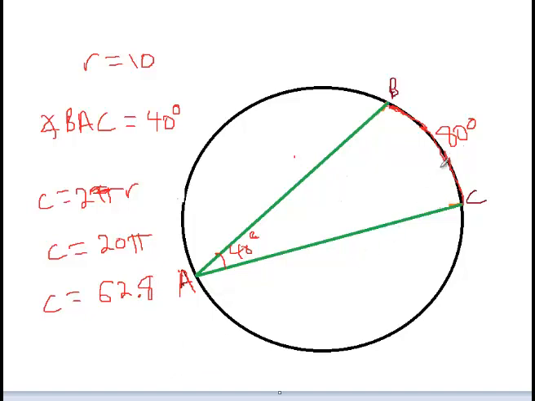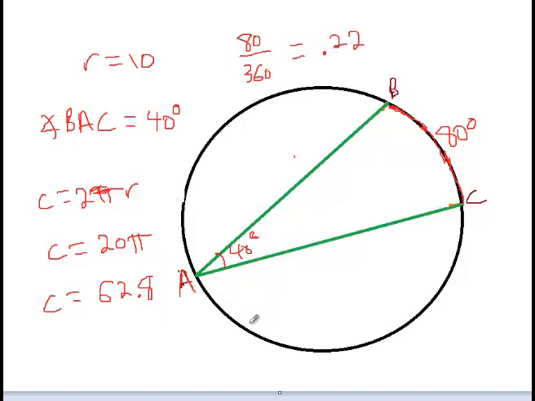What percentage of the entire circle does it take up? Well, it takes up 80 out of 360. Now 80 into 360, in terms of a percentage, I'm just doing it on my calculator here, is 22.2%. Really it's 0.22 repeating.